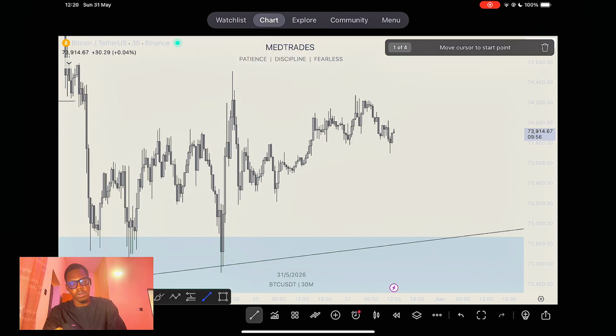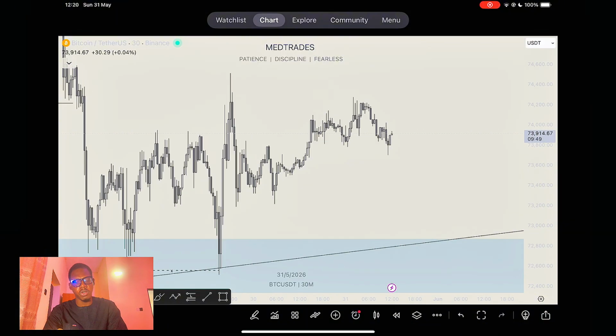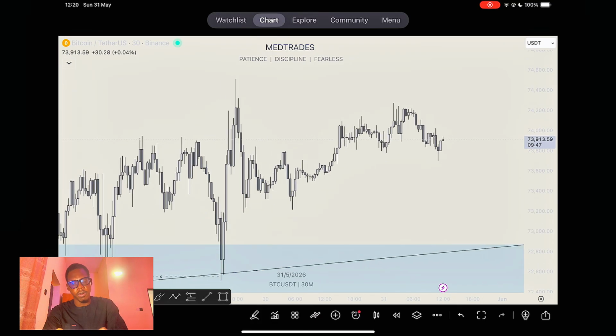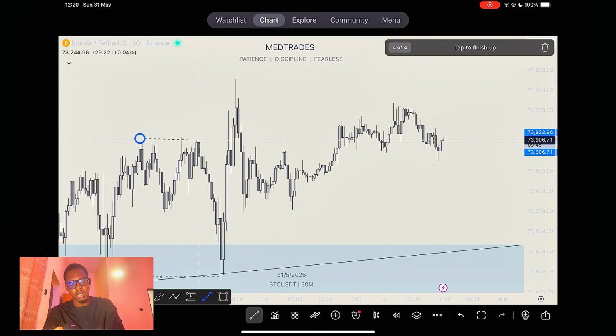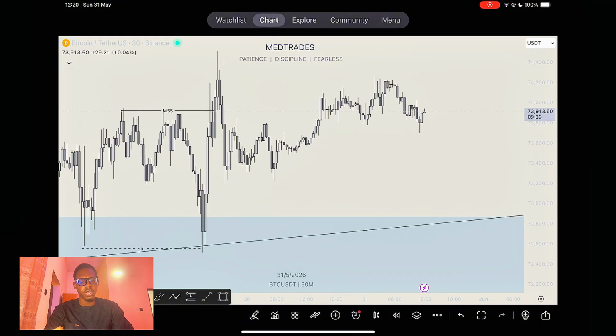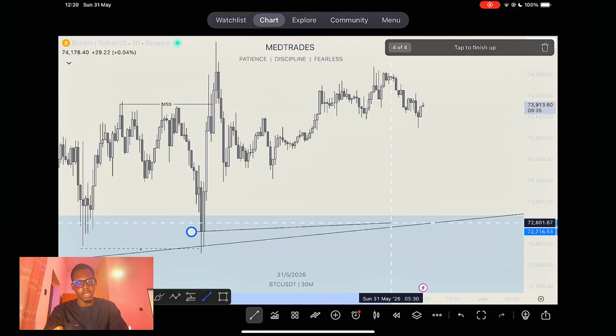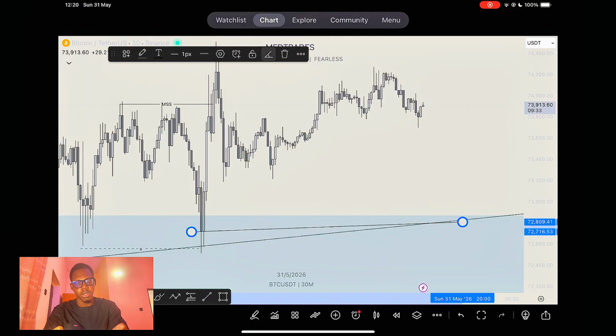Price came here, swept this liquidity here. Price came here to form a market structure shift. You see? So price came to form a market structure shift right here. So now I'm expecting that price should pull into this level here to sell. So that's what I'm expecting.